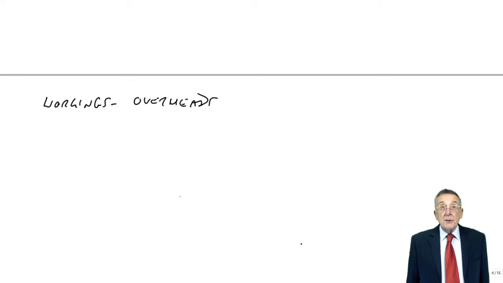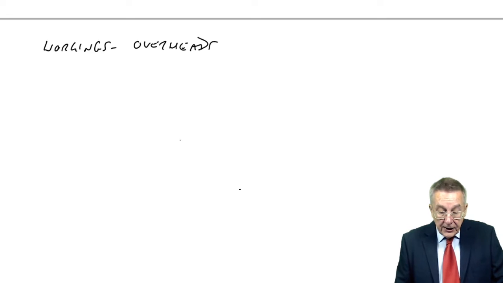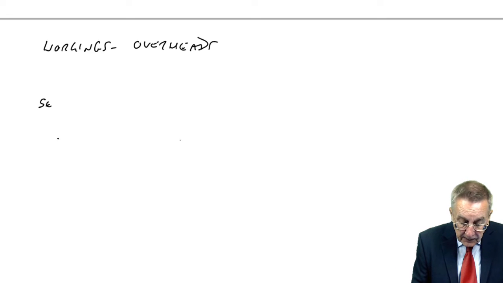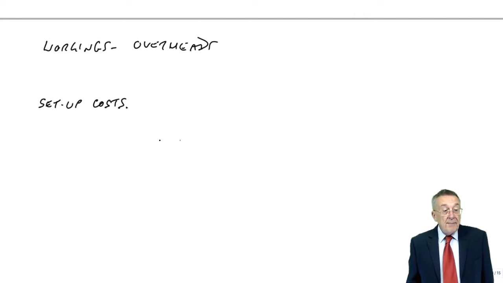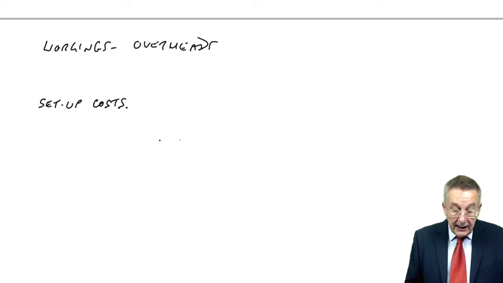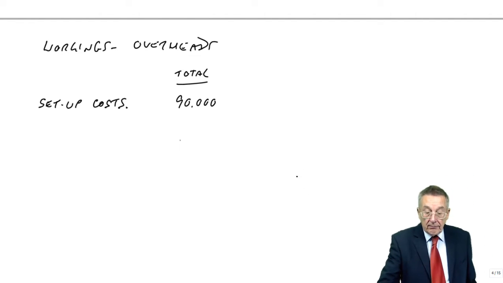We've got 190,000 to absorb, but we're going to do each one separately. So let's look first of all at setup costs. So forget the others for the moment. In total, we're spending 90,000 on setups.